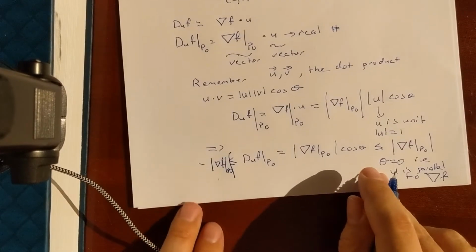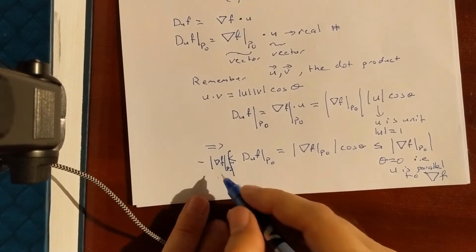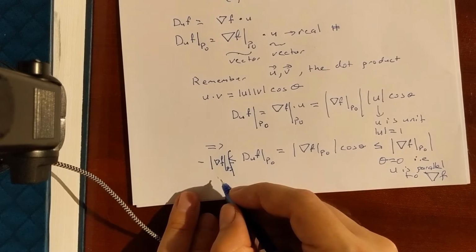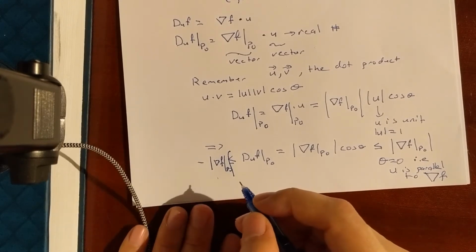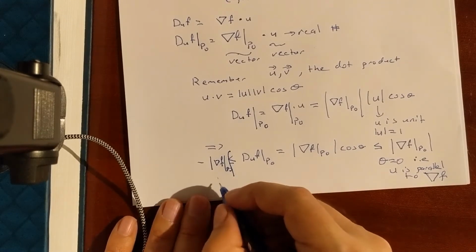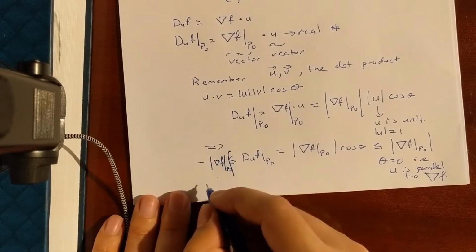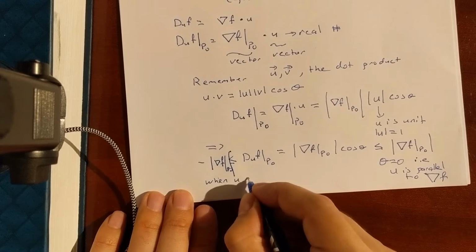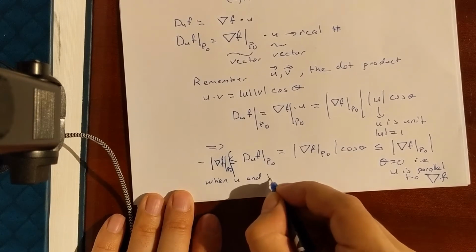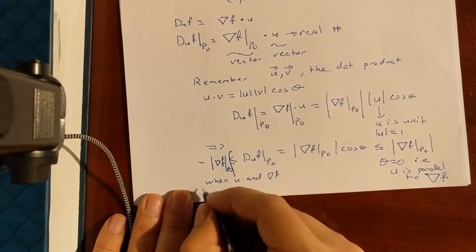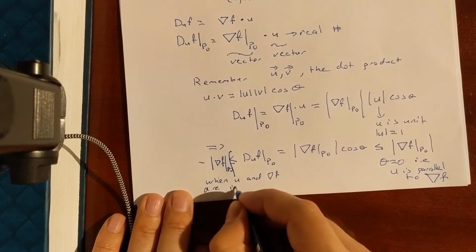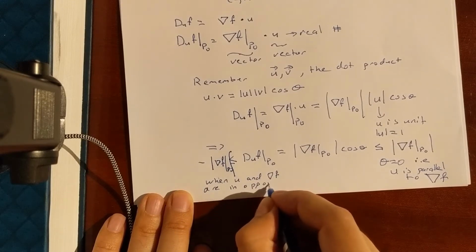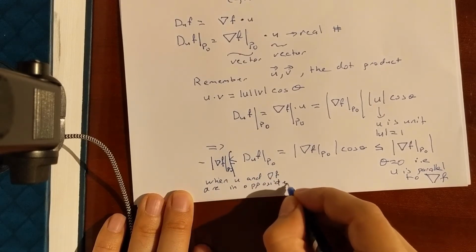And when will it have the lowest value? When u and the gradient of f are in opposite directions.